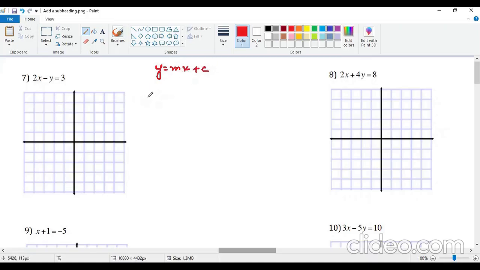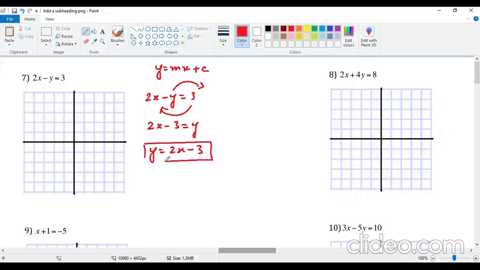The question is 2x minus y equals 3. I'm taking this one to the other side, so it's going to be 2x minus 3 equals y, or you can say y is equal to 2x minus 3. This is your equation.